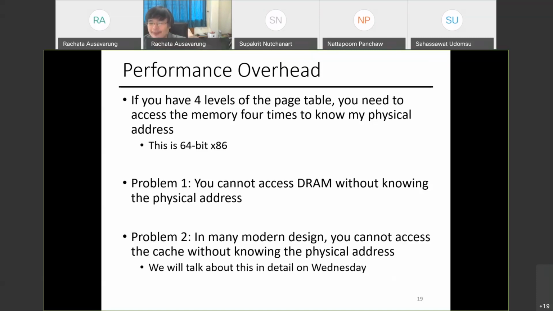So there are a lot more proposals about how to design new types of virtual memory. I actually have a paper that came out last month at one of the top architecture conferences that redesigned this whole thing. I'm not going to talk about that for sure.